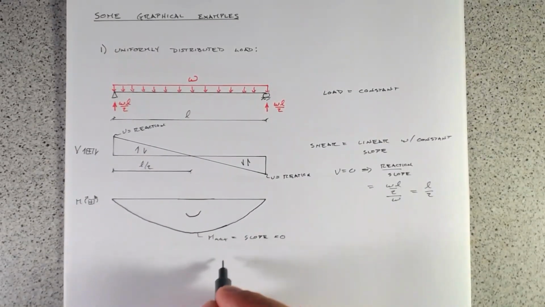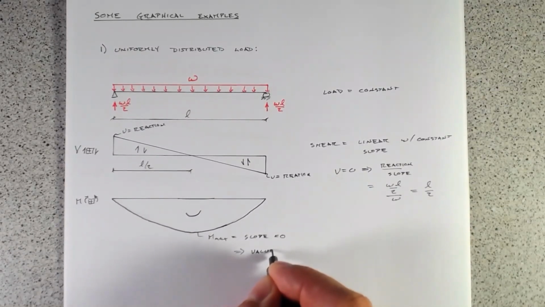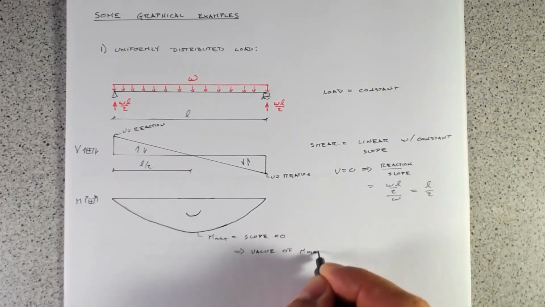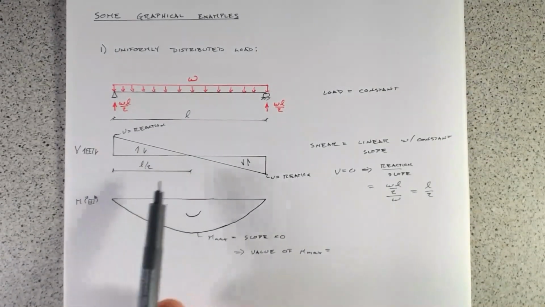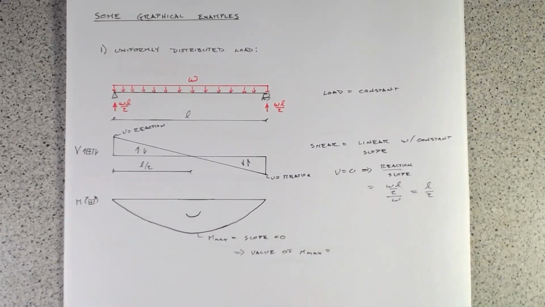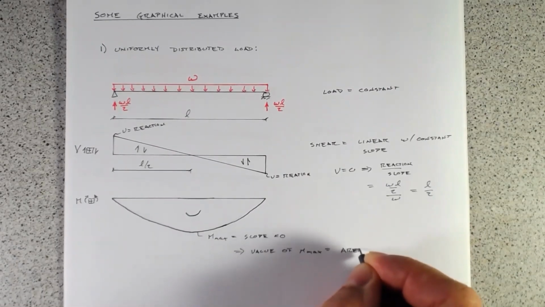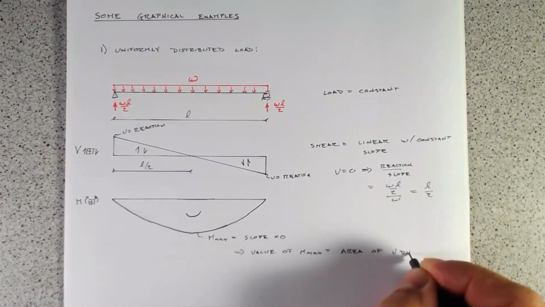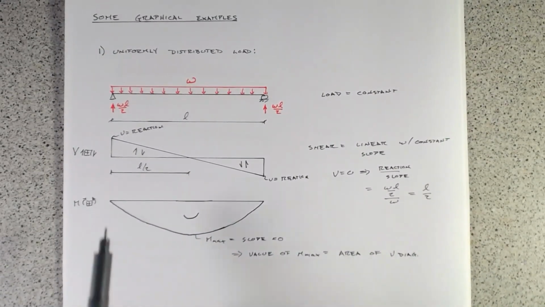And if we want to find the value of M max, it's going to be integrating the shear force diagram, and integrating is essentially the same as taking the area of the V diagram from a boundary condition that we know.